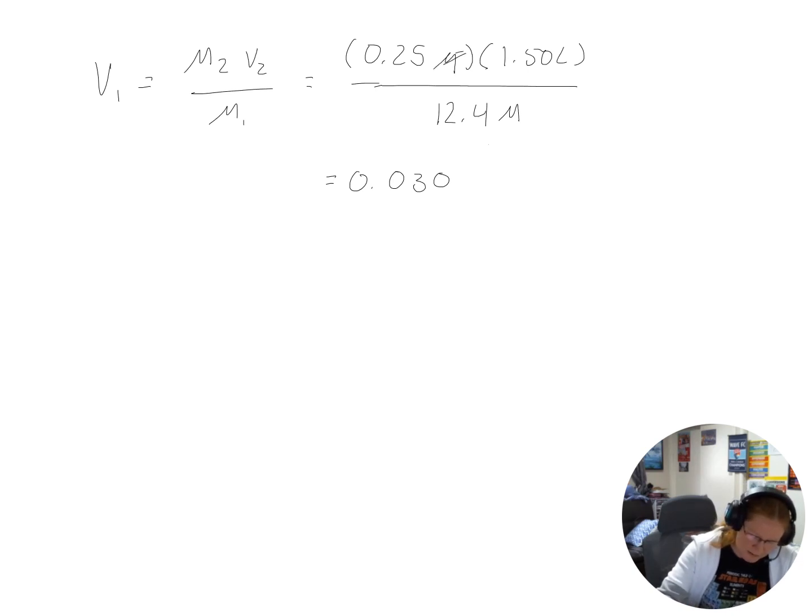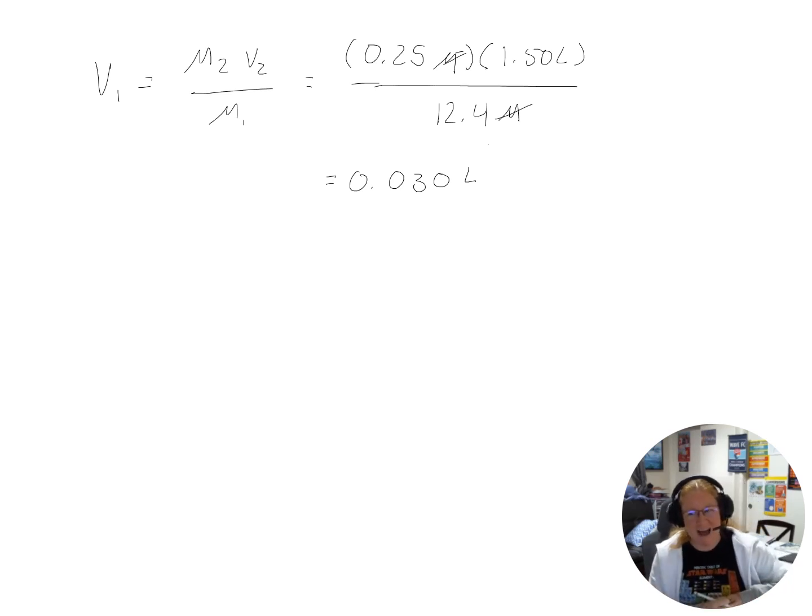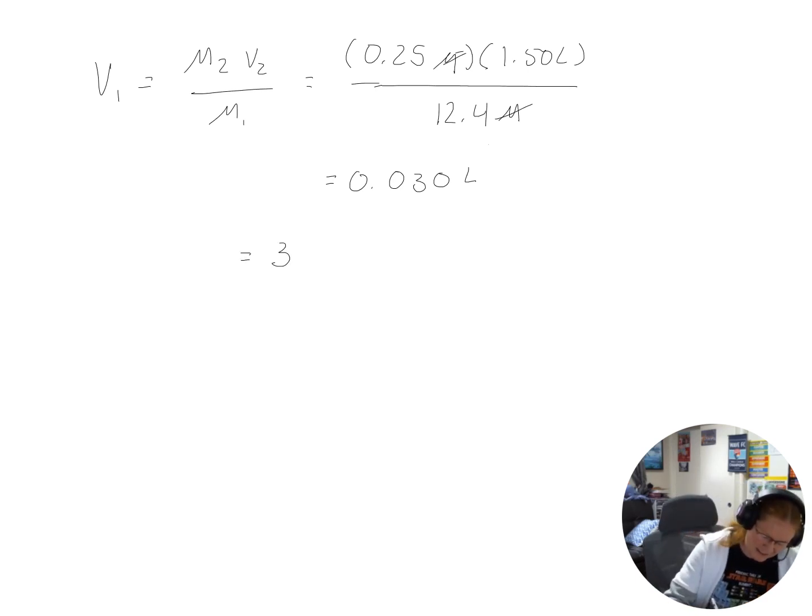Oh, that was interesting. This is molarity and this is molarity. So we're left with liters. Now, in the lab, what are our graduated cylinders usually done in units of? They're done in milliliters, which is why the problem asks for this in milliliters. We're going to get 30 milliliters.